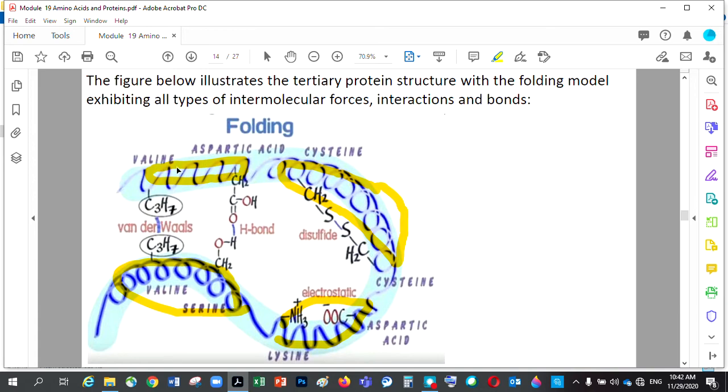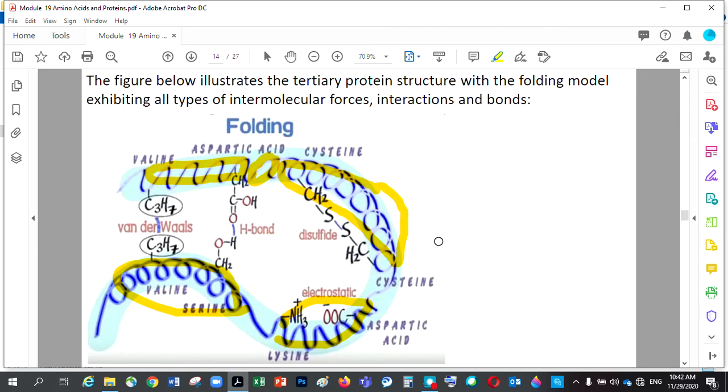So it's nothing new about it. The tertiary protein structure is a combination of primary and secondary, correct?